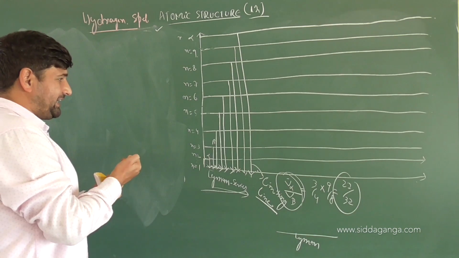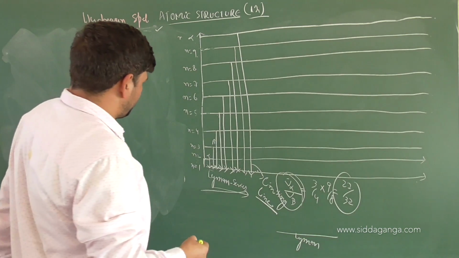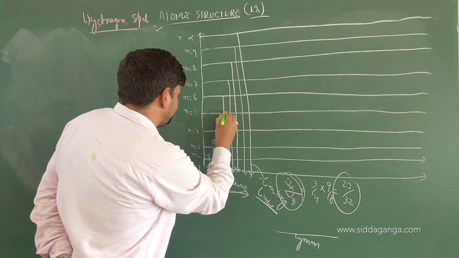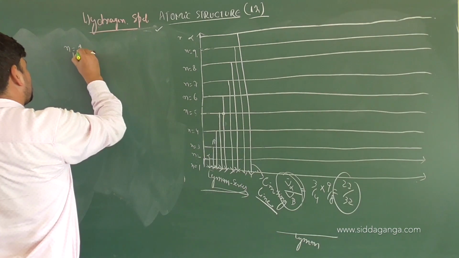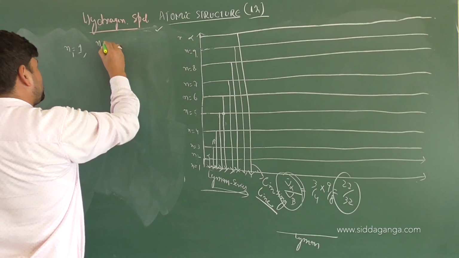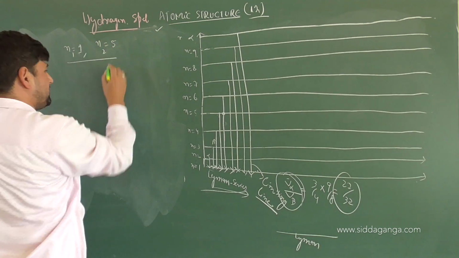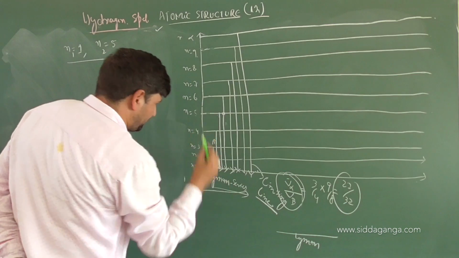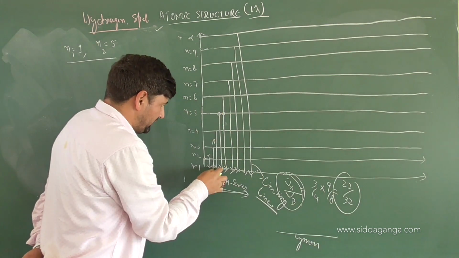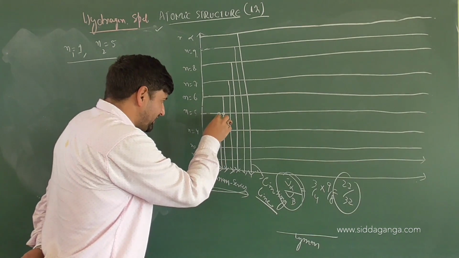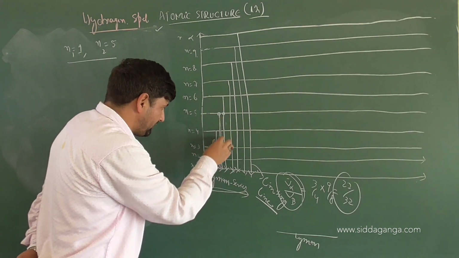Okay, so say the electron is coming from energy level 5, that is N1 equals 1, because we are talking about Lyman series, and N2 equals 5. That means emission is occurring from 5 to 1. You can see that easily. When it comes from 5 to 1, it is not necessary it will shift in only one line.